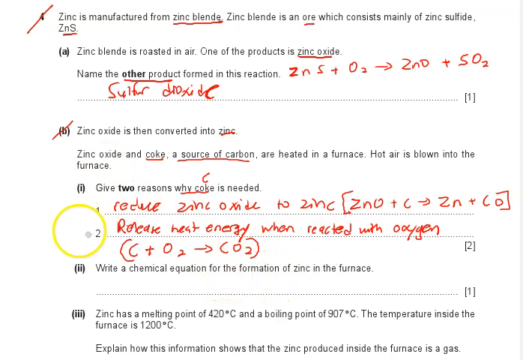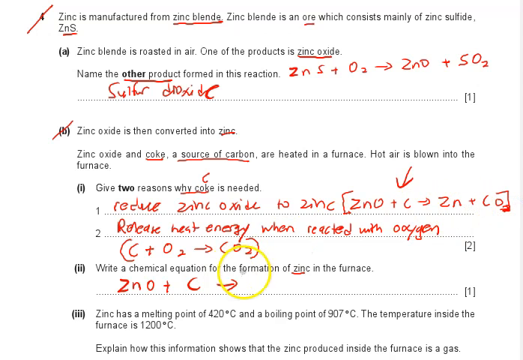Okay, so number 2, write a chemical equation for the formation of zinc in the furnace. So we can mention that this is the formula that I write here. So just copy this. We have carbon, and so here should be carbon dioxide.